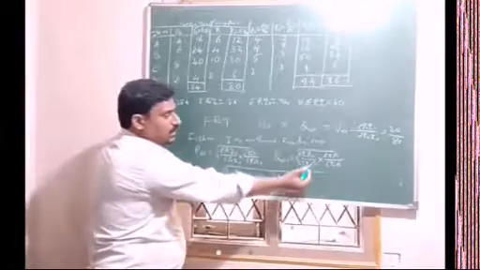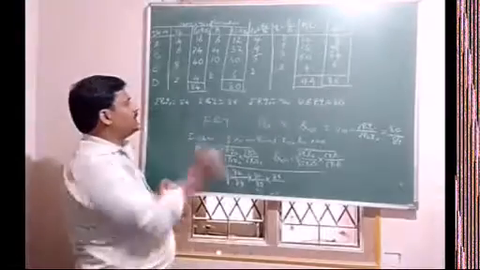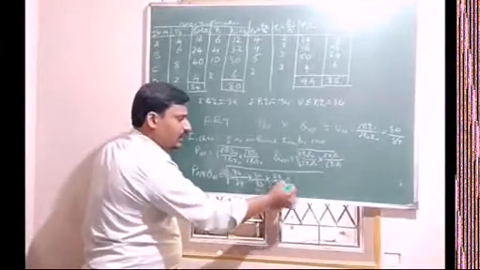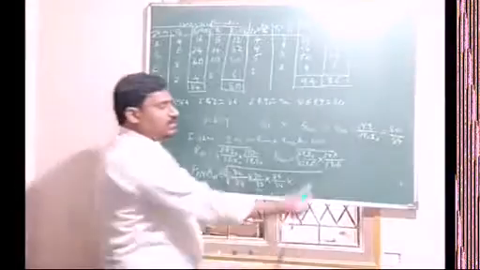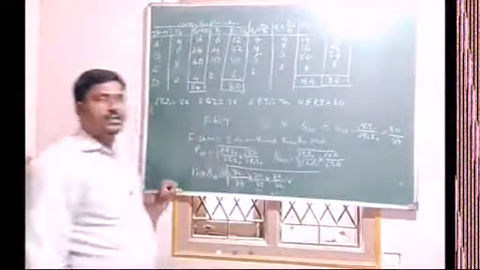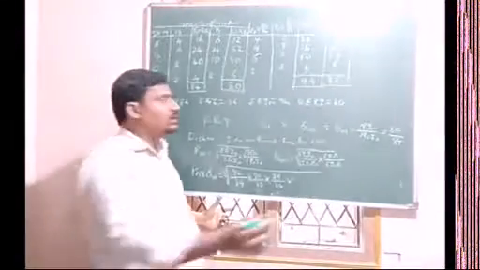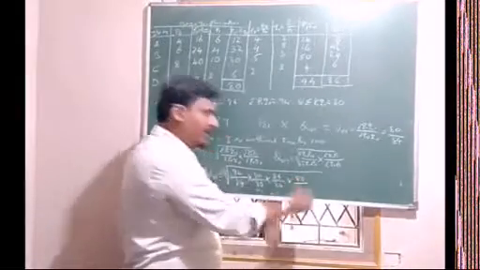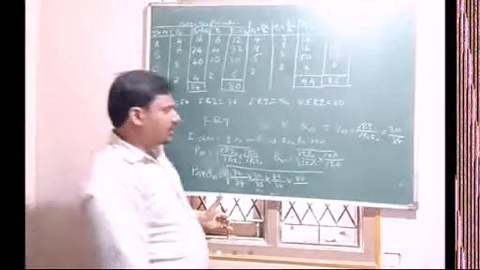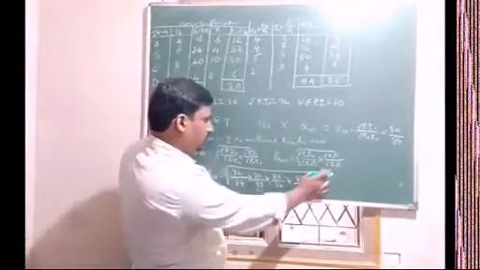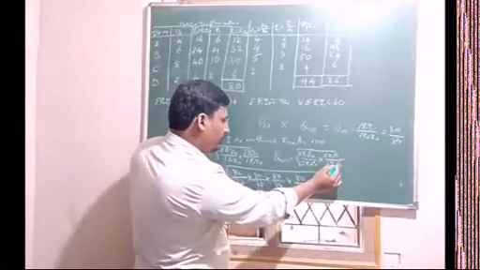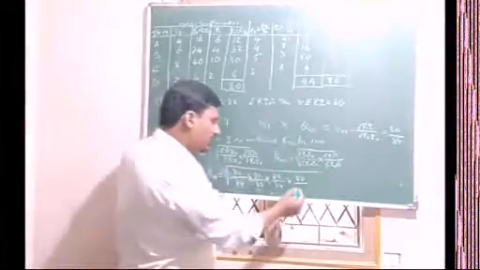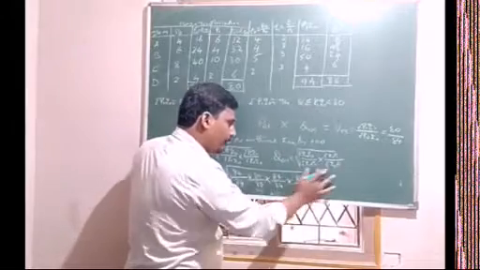Then summation Q0 P0 is nothing but summation P0 Q0, that is 84, into summation Q1 P1, which is summation P1 Q1, that is 80, divided by summation Q0 P1, which is P1 Q0, that is 94.